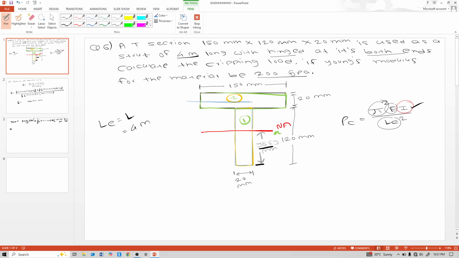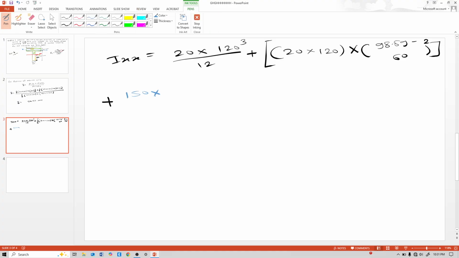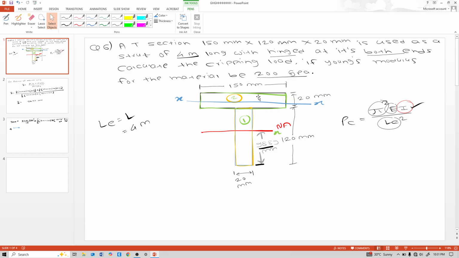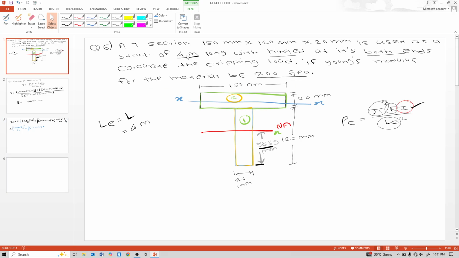First focus on the moment of inertia about the x-axis. So the side parallel to the x-axis is 150 mm, multiplied by the 20 mm height of that section, 20 cubed divided by 12, plus the area, 150 into 20, the area of that flange portion, multiplied by the square of the distance between the original neutral axis and this flange portion's neutral axis.